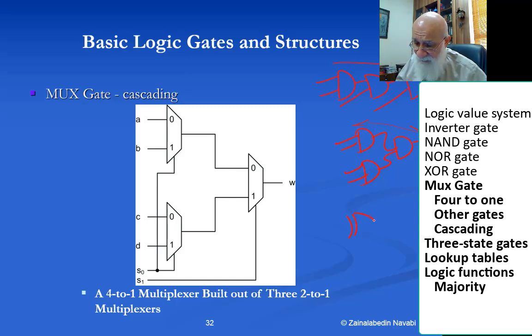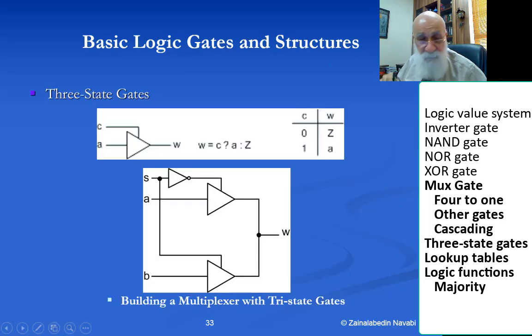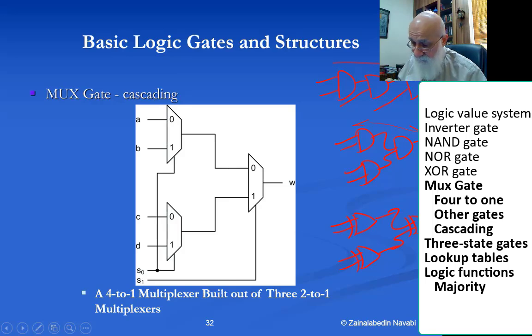XOR is the same way. This is a 2-input XOR, this is a 4-input XOR, and this is a 5-input XOR. You can just build those. But for the NAND and NOR, you cannot do it that easily.